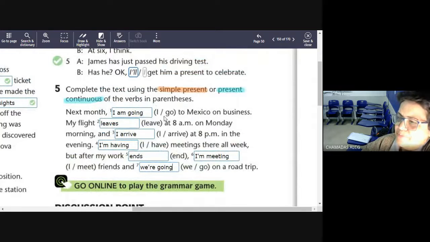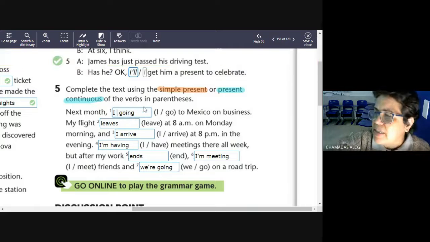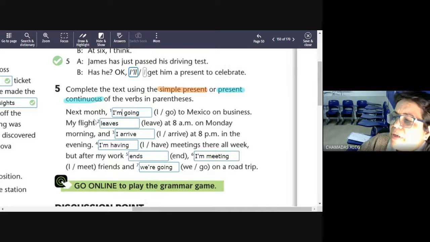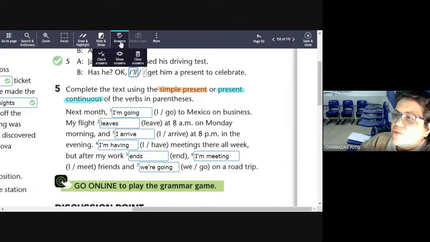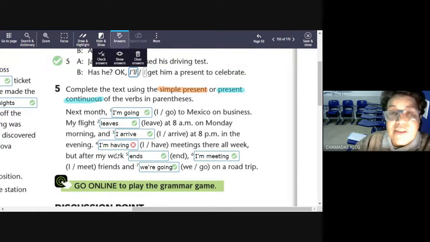All right. Here I can contract as well. Okay. So next month I'm going to Mexico on business. Everything there. So let's check the answers before we go. Yay, great. Remember I told you that the verb have has 2 different meanings or even more.